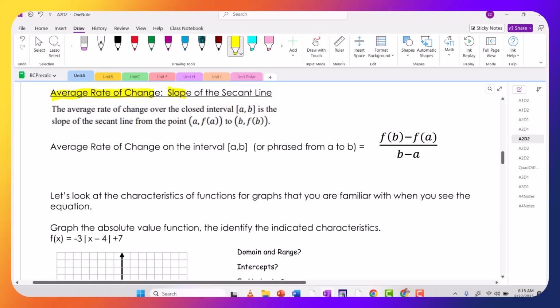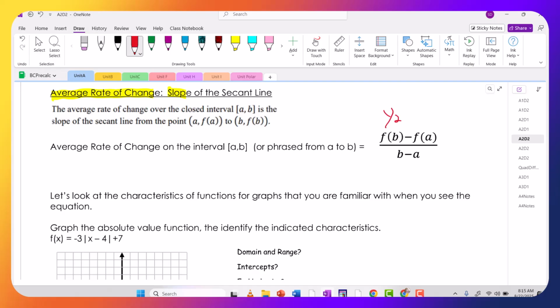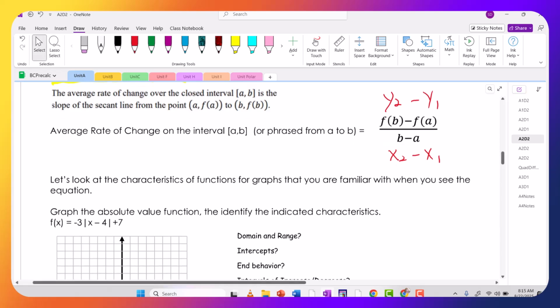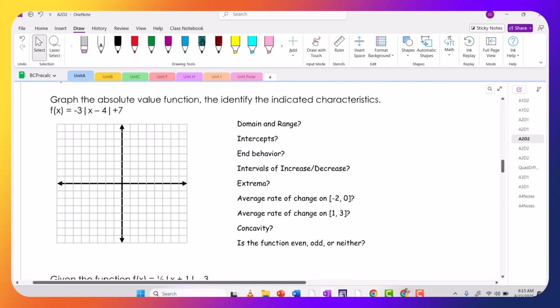And don't overdo this. This is just a form of y2 minus y1 over x2 minus x1. It's just in function notation, right? So we should recognize that formula there. That's what average rate of change is, and then we're going to break this down.